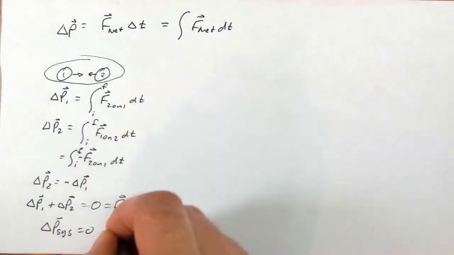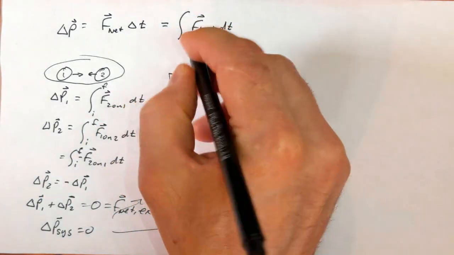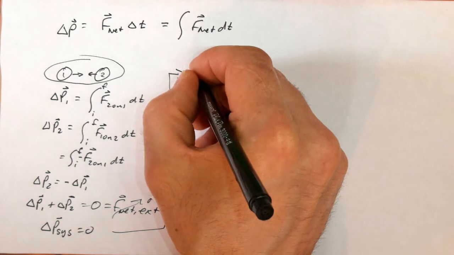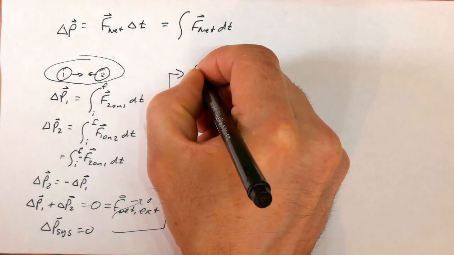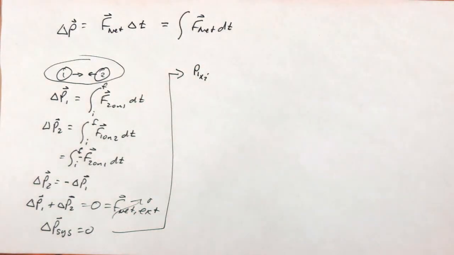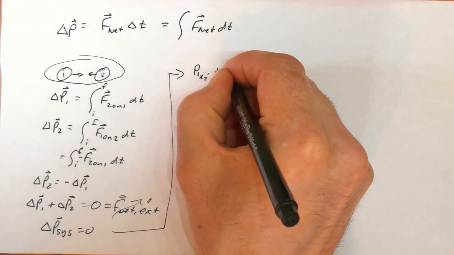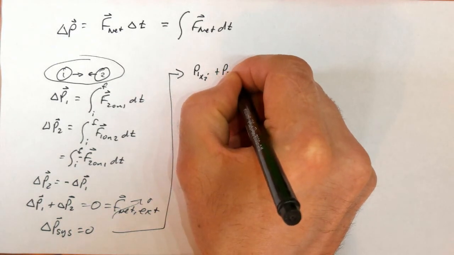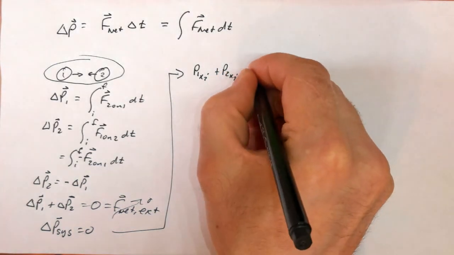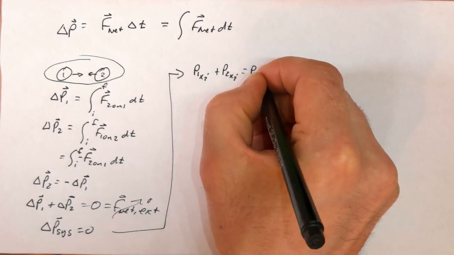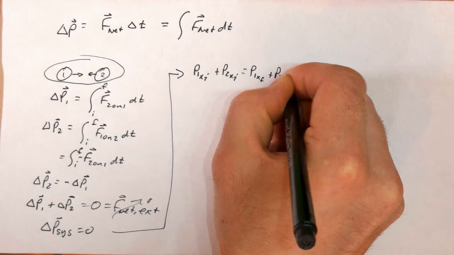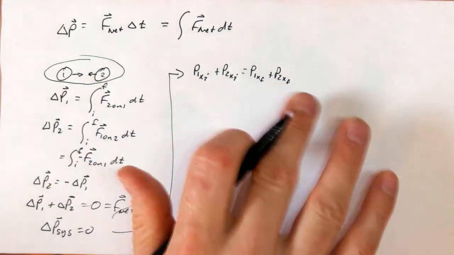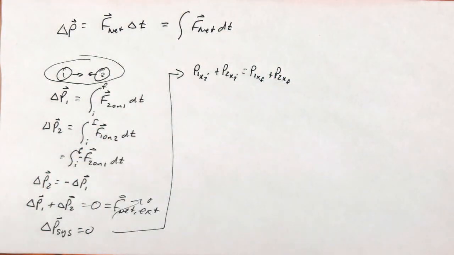Sometimes it's really nice to write this way. For every component, I'll write the x: P1 x initial plus P2 x initial equals P1 x final plus P2 x final. And I'd have the same thing for y and the same thing for z.